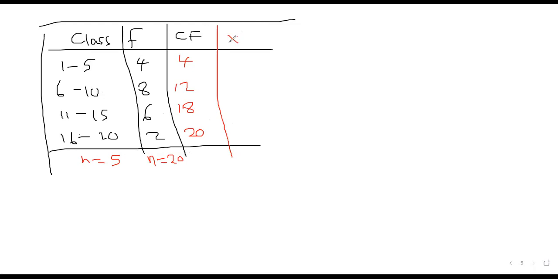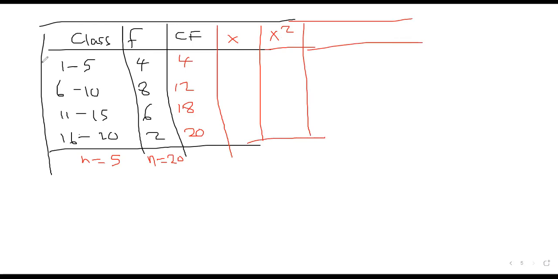Then you can come up with what we call the midpoints. The midpoint is simply adding the lower bound and the upper bound. So 1 plus 5 is 6, divided by 2. What do we get? 3. 6 plus 10, 16, divided by 2 is 8.